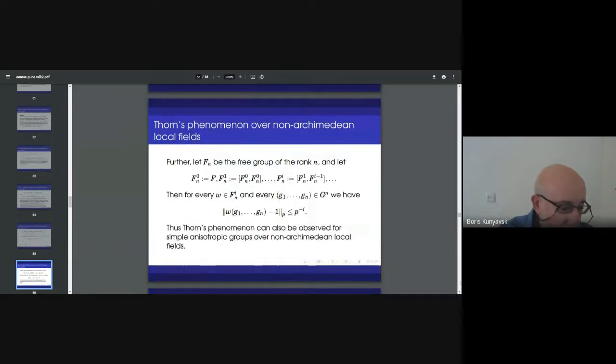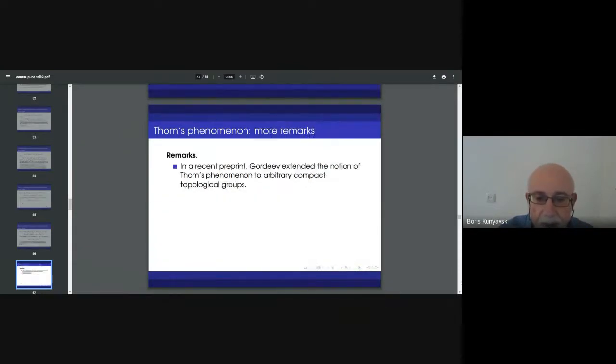And the final remark here: in a recent preprint, Gurevich extended this notion to not necessarily algebraic groups. He defined the corresponding notion in the case of arbitrary compact topological groups, and under appropriate assumptions, he proved that Thom's phenomenon can always be observed.